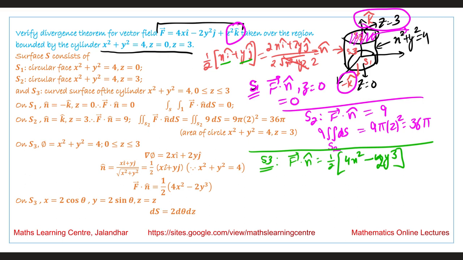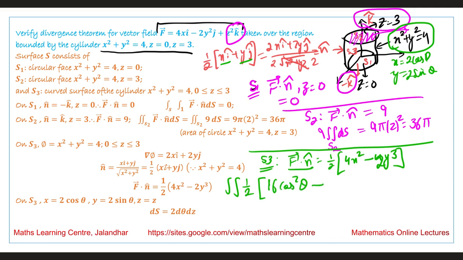So when we are calculating the integral, it is a double integral of 1 by 2. The equation of the circle we have is x square plus y square is equal to 4. So we can substitute x is equal to 2 cos theta, y is equal to 2 sin theta. So this expression will become 1 by 2, then F dot n, this value will become 16 cos square theta minus 16 sin cube theta.